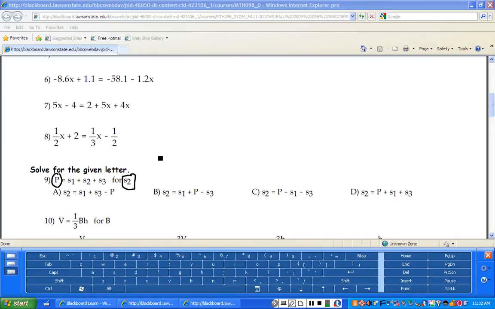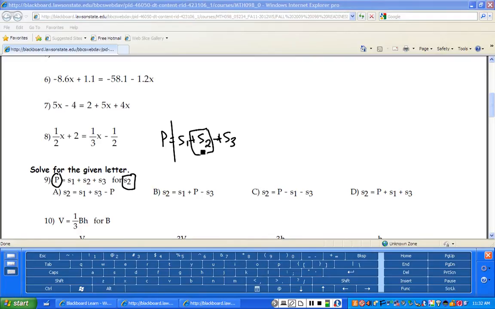So if I rewrite the equation, P equals S1 plus S2 plus S3, and I want to solve for S2. Alright, then that means I want S2 on the right hand side of the equation by itself.